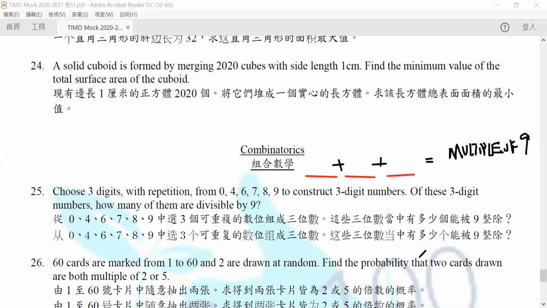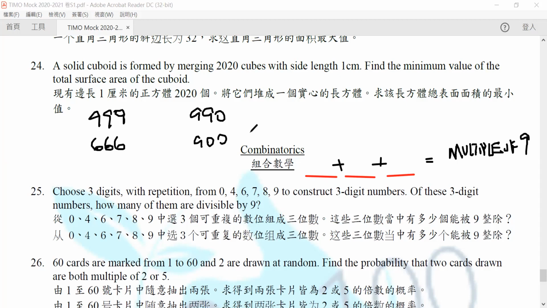But then how can you make sure that this number can be written as a multiple of 9? If you think about it this way, you suddenly realize that there is not much of a way for you to do this. Now, one way is 999. If all 3 digits are the same, then it must be 999 or 666. If the digits are different, then you can have 990 or 900, which is okay.